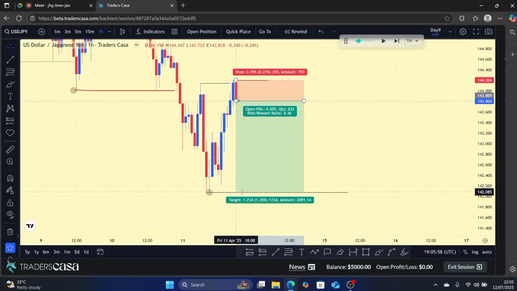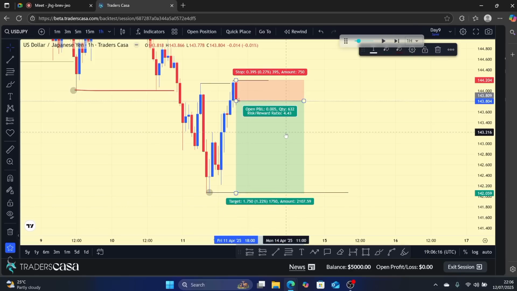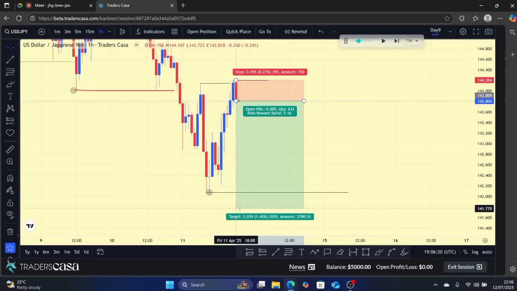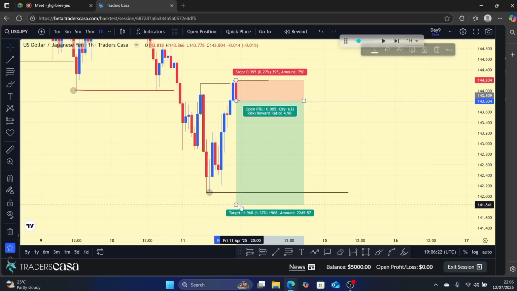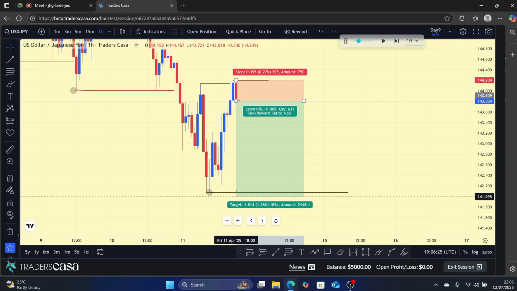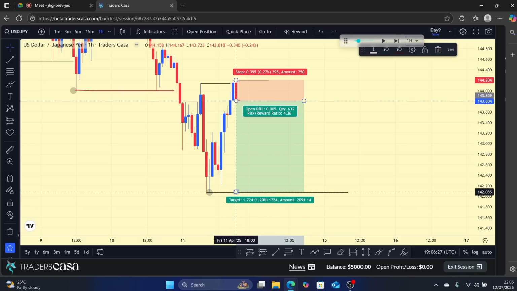And since this is a major inducement, if this risk to reward is less, you can place some pips below, but I wouldn't recommend you make this a habit of extending past this. If you can see a good risk to reward, you can see that it is 1:4, a very good risk to reward. There's no need for you to extend it to 1:5 just because 1:5 sounds nice. No, don't do that. Just do that 1:4. It's sufficient. 1:4 is a very big risk to reward.